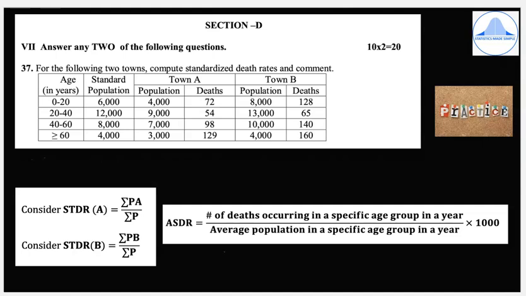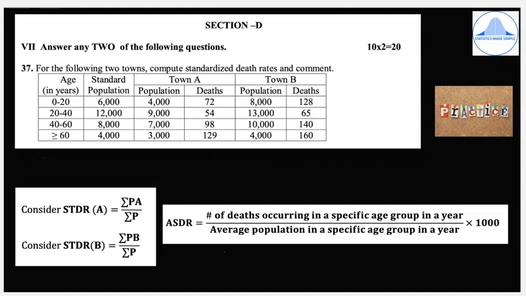For the following two towns, compute standardized death rates and comment. In the first column, we have age in years: 0 to 20, 20 to 40, 40 to 60, greater than or equal to 60. The standard population values are 6,000, 12,000, 8,000, 4,000. Town A is divided into population and deaths.